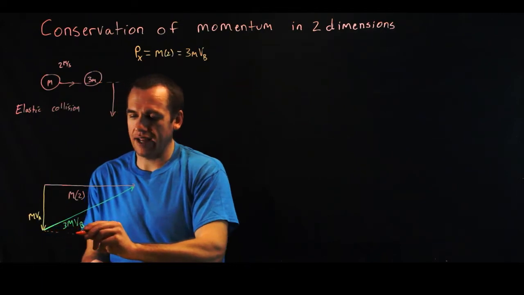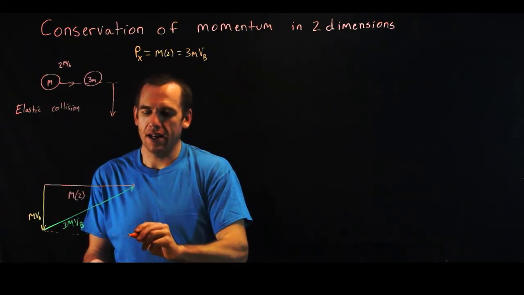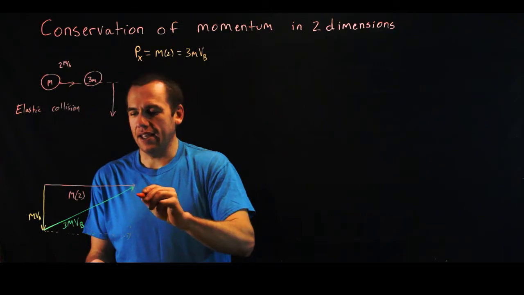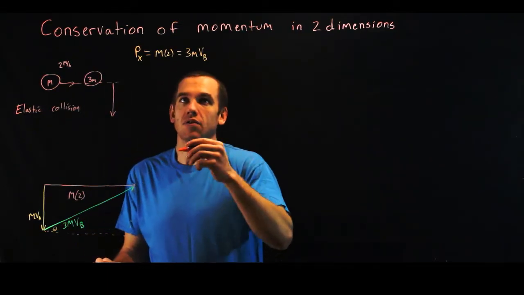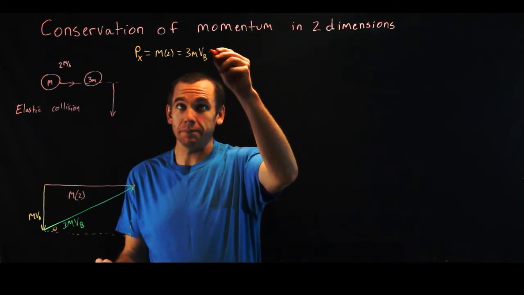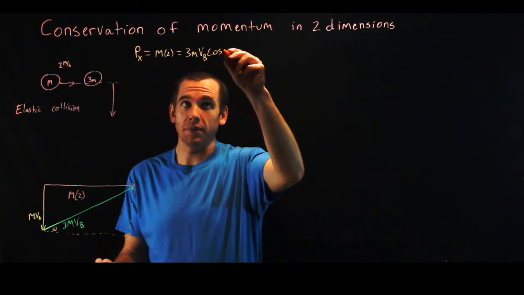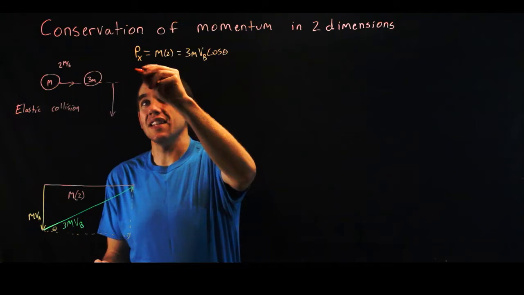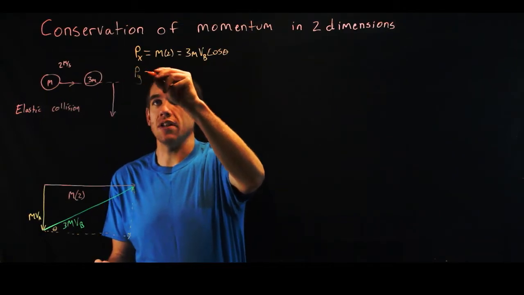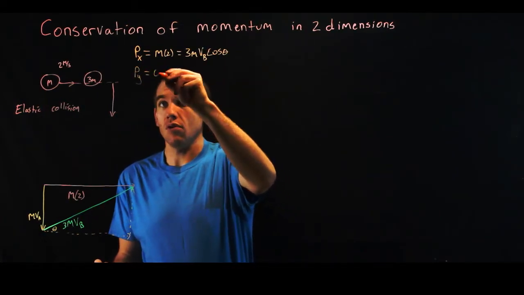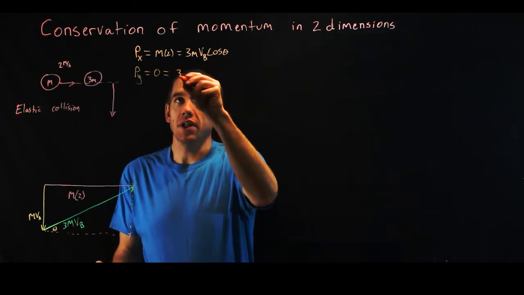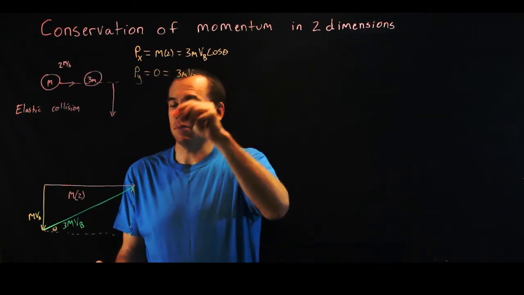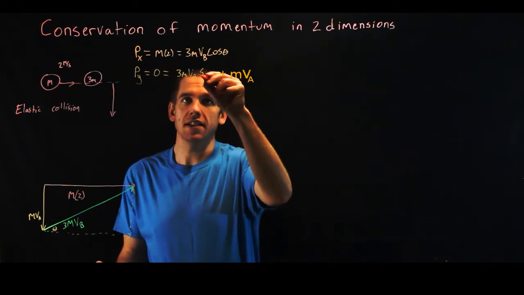And I can actually dash in a component to that down here if I'd like. And so this would be the angle theta, and I could say this would be times the cosine of that angle. That would give me the x component. Similarly, in y, I can say the momentum in y, which was 0 initially, has to be 0 at the end, and this would be 3m vb times the sine of theta plus mva.